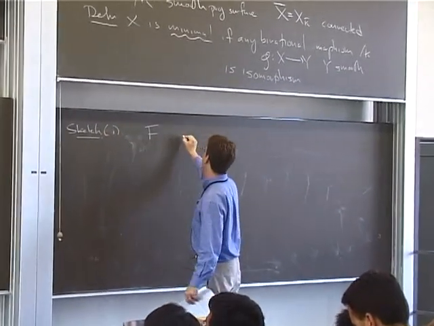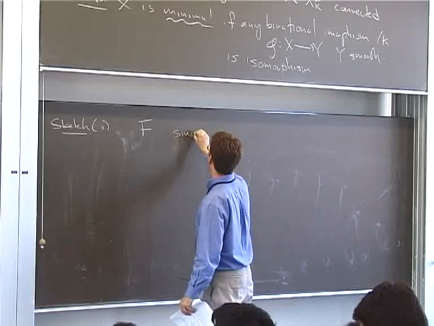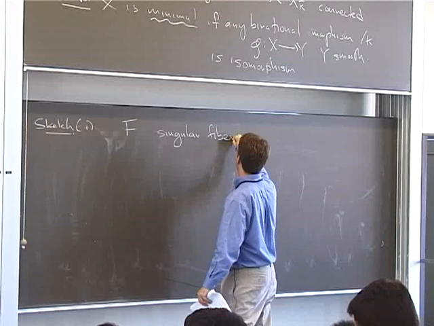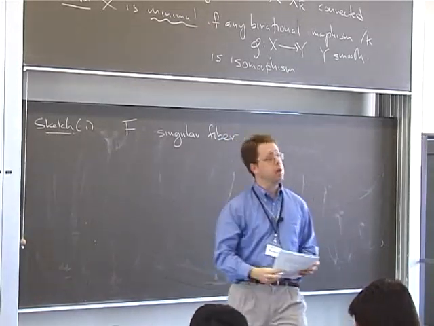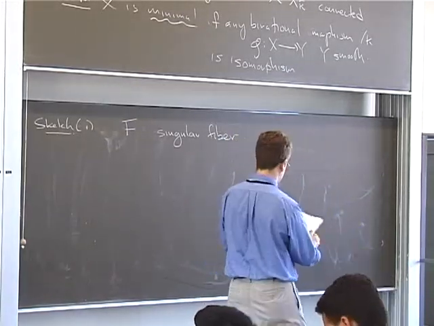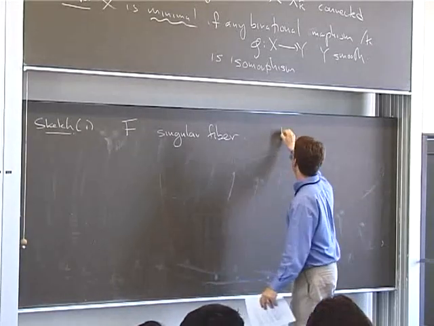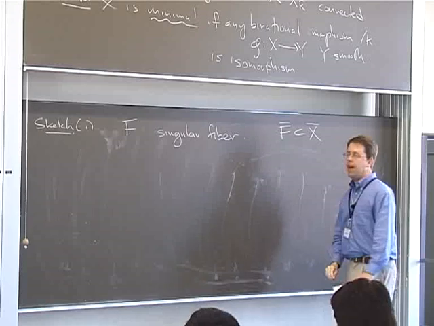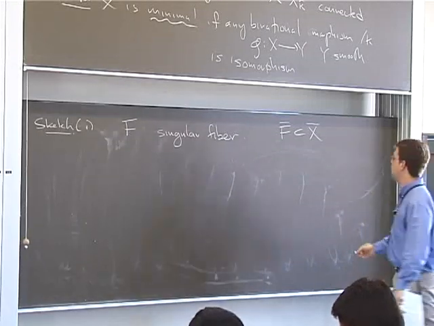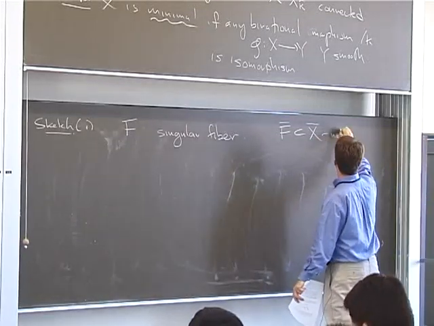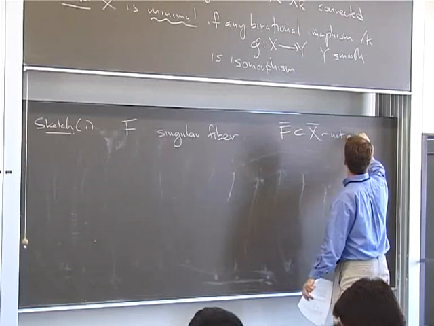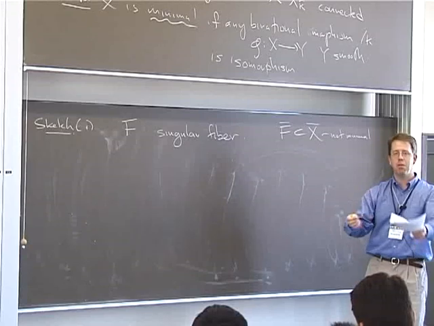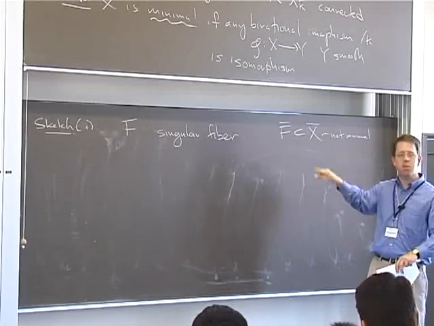So let F be a singular fiber. The one thing that we know is that if I look at the corresponding F bar and X bar, this is not minimal anymore, just because of what, I don't know the name, but whoever asked that question, that's exactly what I'm doing here.